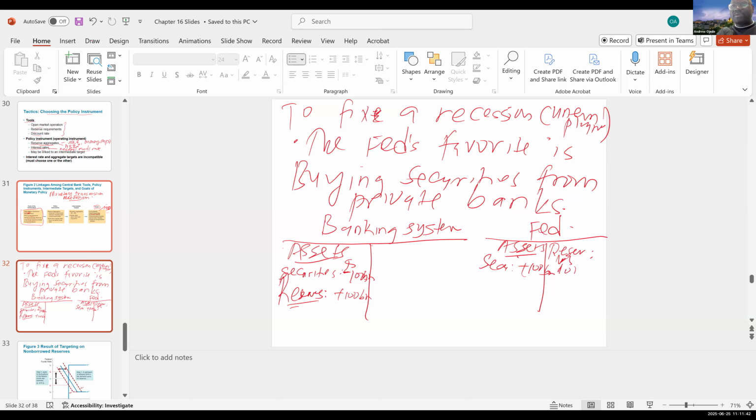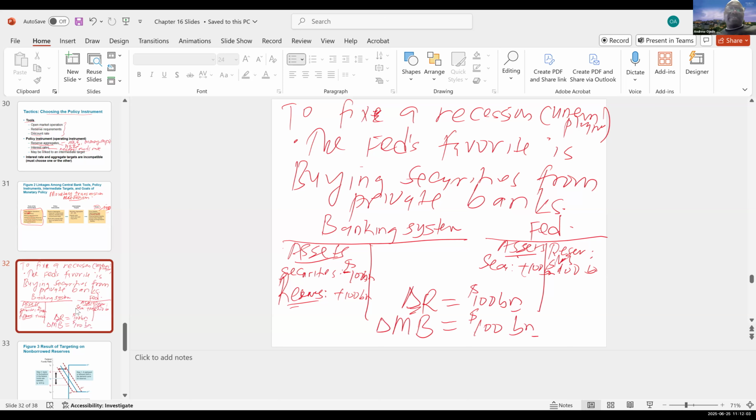So reserves here are going to go up $100 billion. So now you can see that the change in reserves in this case is going up by $100 billion. And the monetary base is going to go up by what? Because reserves are part of the monetary base, it's also going to increase by $100 billion.